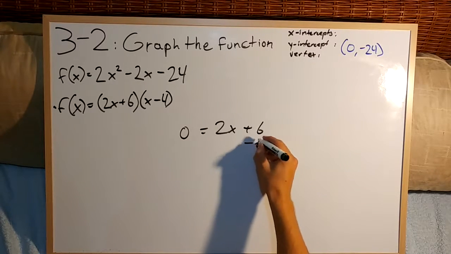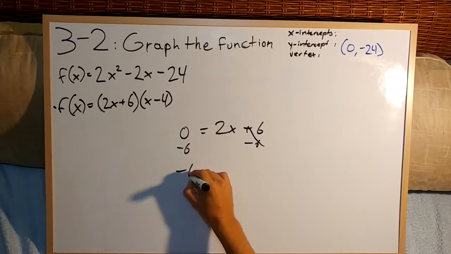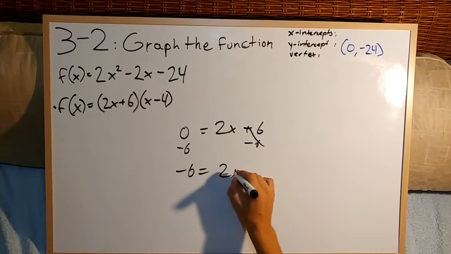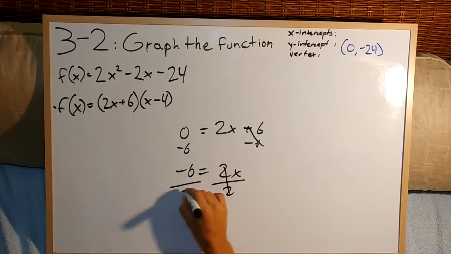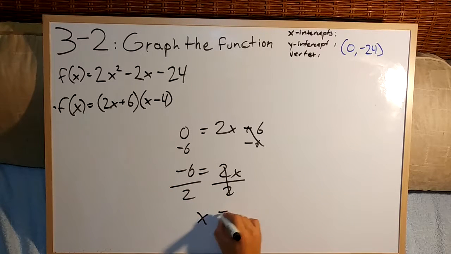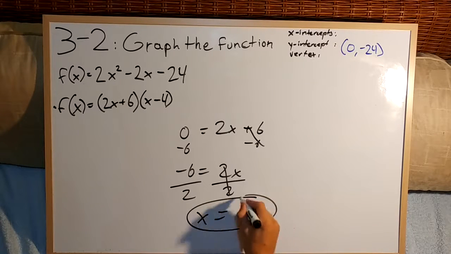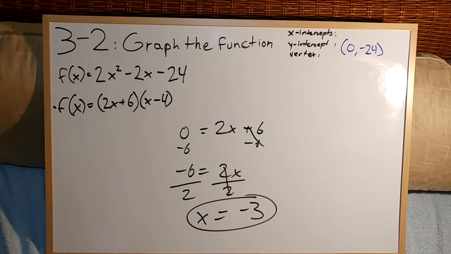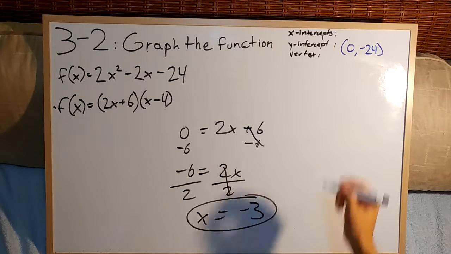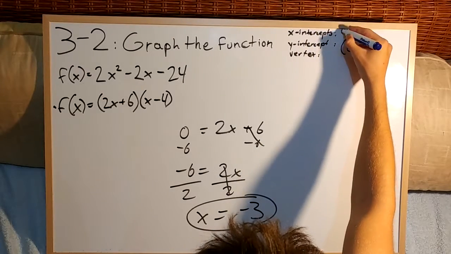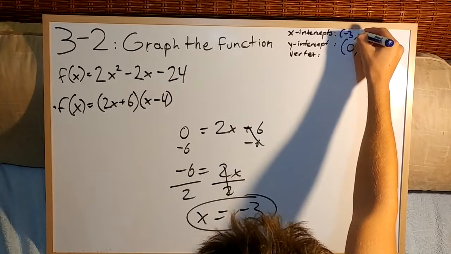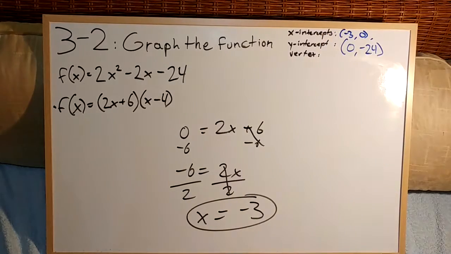So we just solve for x normally. Negative 6 equals 2x, divided by 2 here, divided by 2 here. x would equal negative 3. This negative 3, x equals negative 3, is one of the x-intercepts. Here we have the first one, negative 3, 0. We're missing another one.